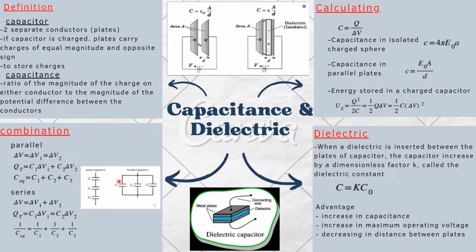Likewise, the right plates are connected to the negative terminal and are both at the same potential as the negative terminal. Therefore, the individual potential differences across capacitors connected in parallel are the same and are equal to the potential difference applied across the combination, that is delta V equal to delta V1 equal to delta V2.